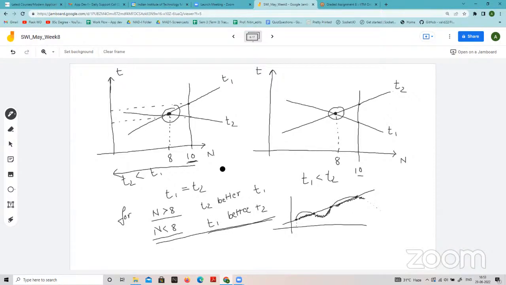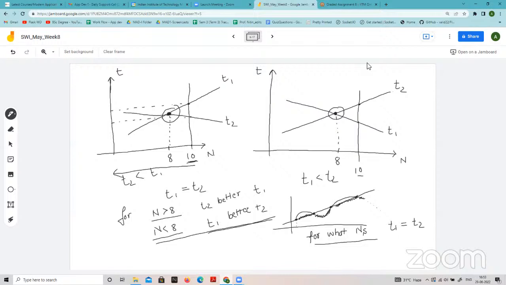That is, basically I'm trying to find out for what n or n's T1 is equal to T2. I'm trying to find all those values of n where T1 is equal to T2.